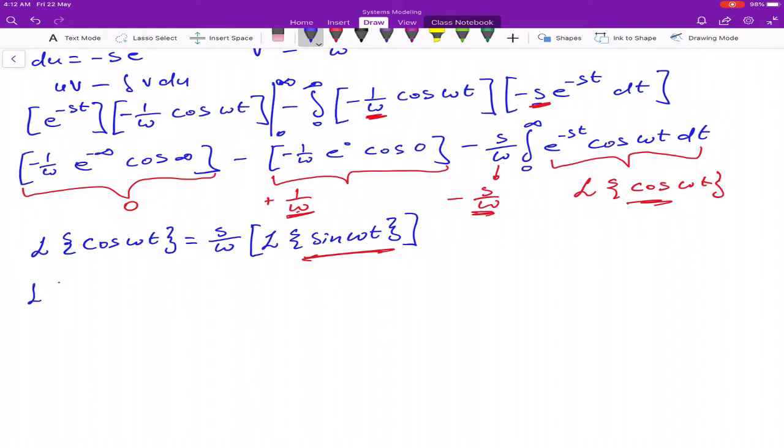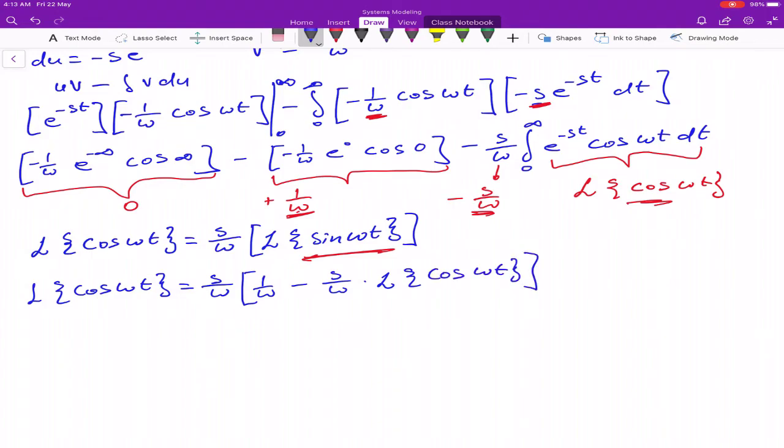So the Laplace transform of cosine omega t is equal to s over omega, going to open my bracket here, and I'm going to substitute the values that I found for the Laplace transform of sine omega t, which is 1 over omega minus s over omega times the Laplace transform of cosine omega t. Then I close this bracket.